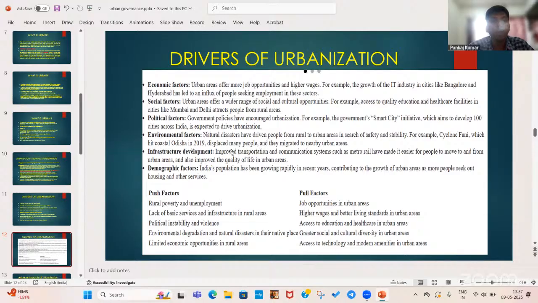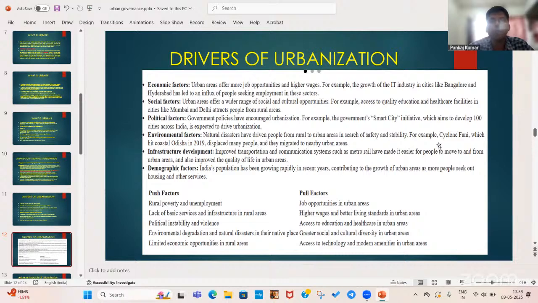Then comes environmental factors. Natural disasters have driven people from rural to urban areas in search of safety and stability. For example, in our coastal areas, incidents of cyclones occur periodically, like in Odisha in 2019. Such regular cyclones also displace people regularly.